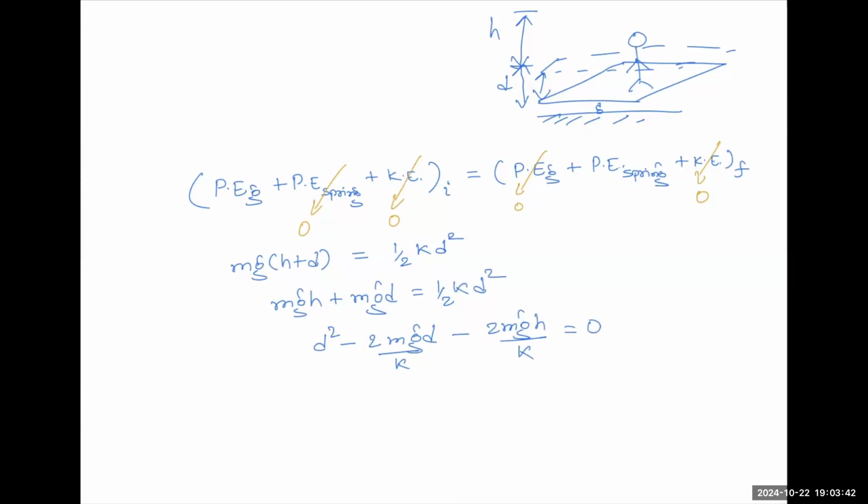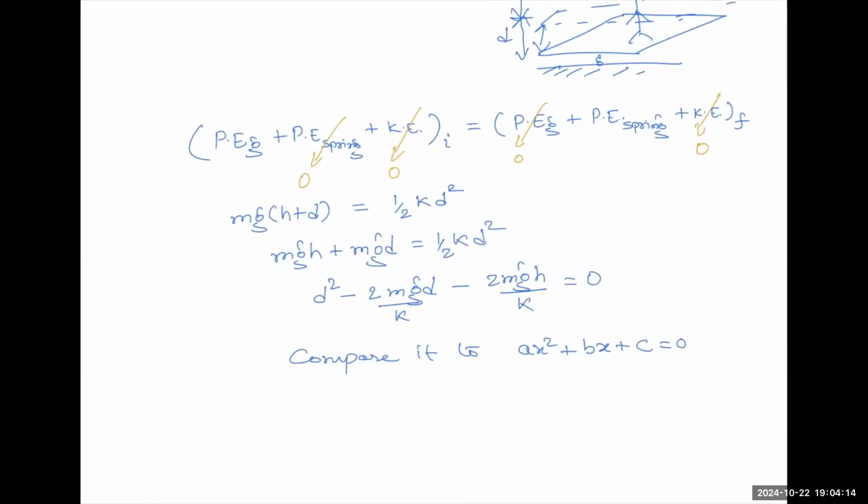So now this is a quadratic equation in terms of d squared, right? So that means I can again simplify it now. This is a quadratic equation. If I compare this with ax squared plus bx plus c equals 0, right? Remember this quadratic equation? And the solution is what? x is what?